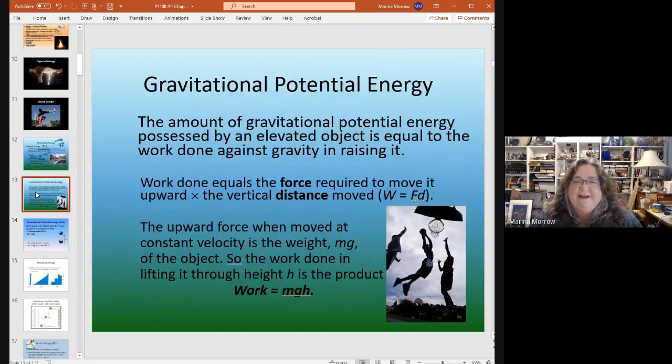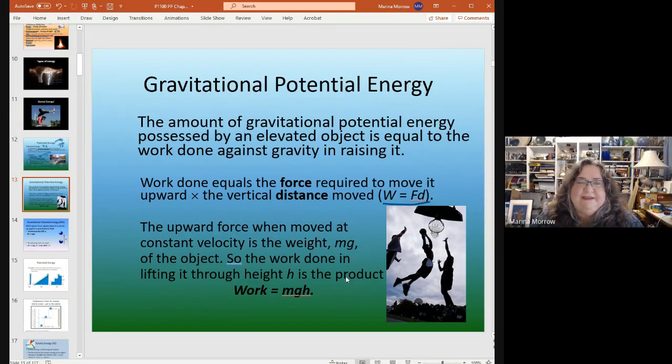Okay, now gravitational potential energy, we already covered the idea of work when you lift something up. So when you lift something up, the force that you have to use is the weight of the object. That's how much force you need. And the height, of course, is how high you raise it up.